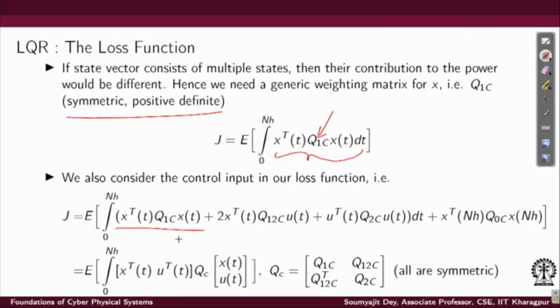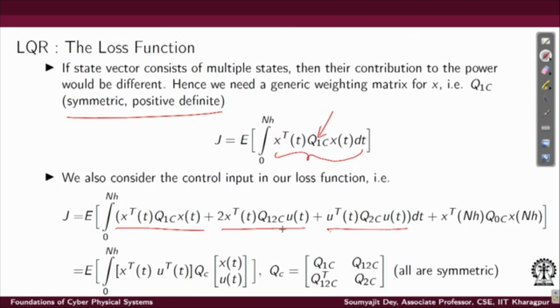And overall we would like to minimize a loss function which looks like this. So, here as you can see you have considered x, you have considered u also, and here you also have a weight matrix which is capturing x and u together.